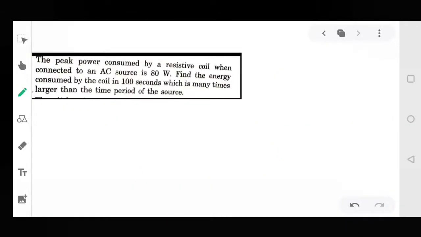Now next question, the peak power consumed by a resistive coil when connected to an AC source is 80 watt. Find the energy consumed by the coil in 100 seconds, which is many times larger than the time period of the source.